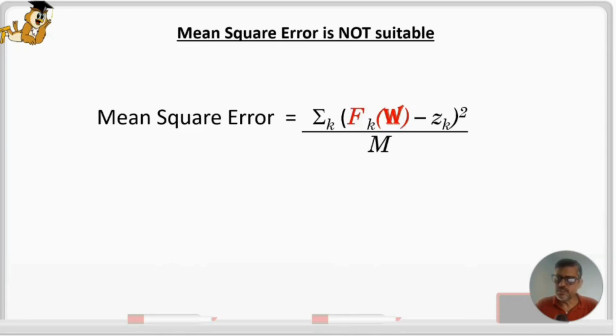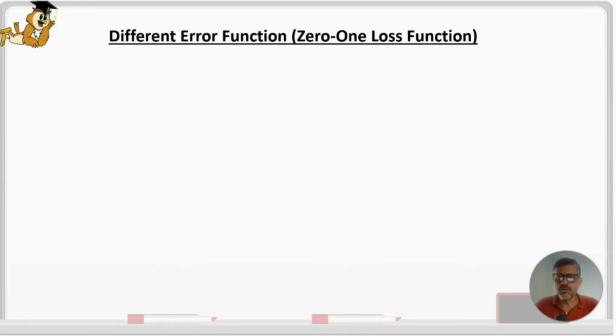For most optimization problems, like I said, the crux of the matter lies in selecting the best error function, or using the best metric to optimize. Remember, I had that list of things that you need to keep in mind when you're approaching an optimization problem. The first thing is to select a good metric. That metric may differ from problem to problem. Even for a particular problem, you may have a choice of metrics, right?